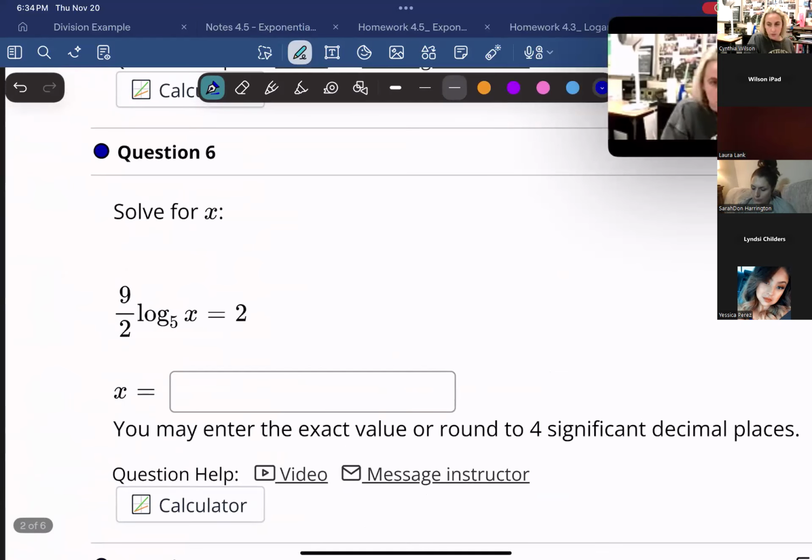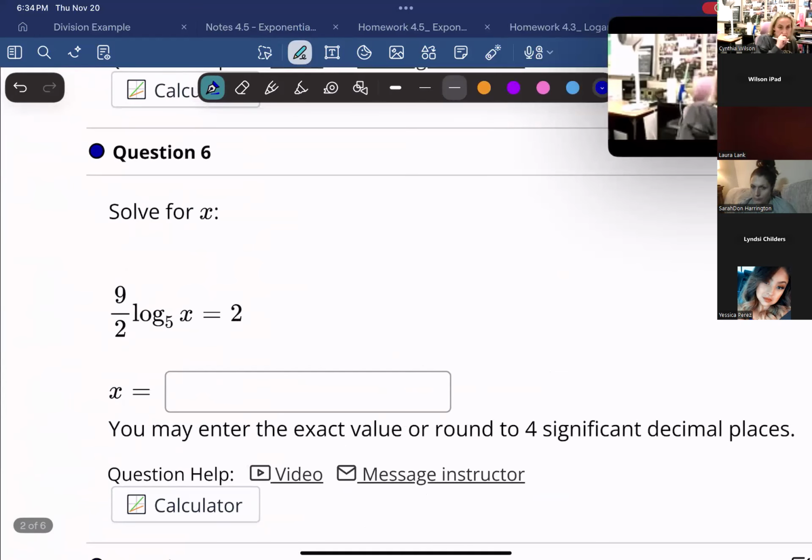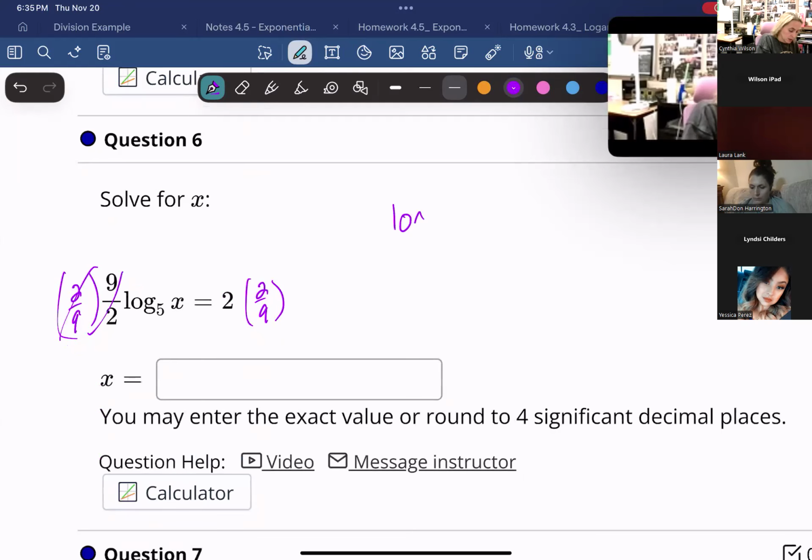All right, so 4.4, number 6. We want to get the logarithm by itself. So I got rid of that 9 halves. We're going to do that by multiplying by the reciprocal. So we get log base 5 of x equals 4/9. And then we're going to rewrite it as an exponential. The base of my logarithm is the base of my exponent.